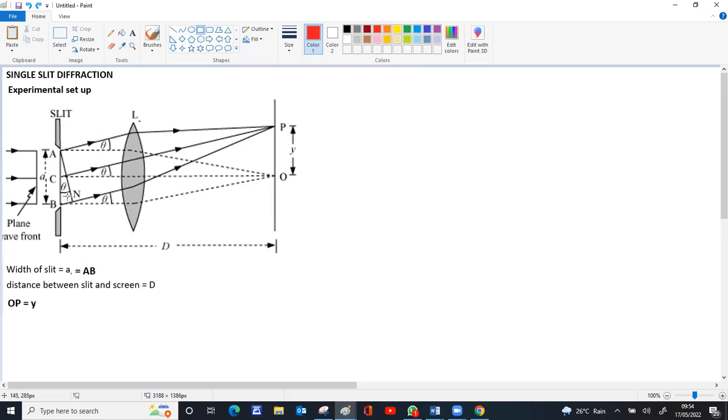Finding the path difference, we take sine theta from this triangle. This is the angle of diffraction theta.